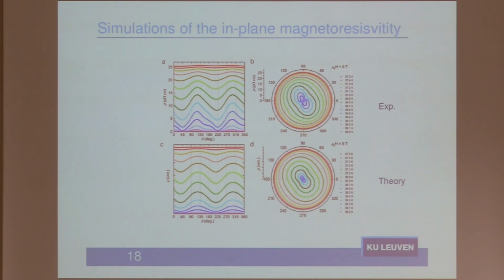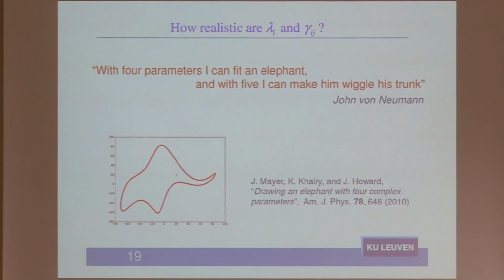Okay, now, of course, there is the question that we have 6 parameters actually. If you mix 3 phases, 3 states, we have 6 parameters lambda and gamma ij, which is the coupling between different symmetries.